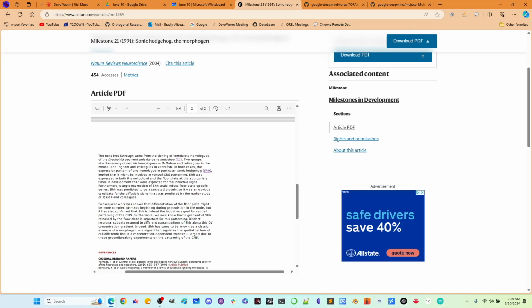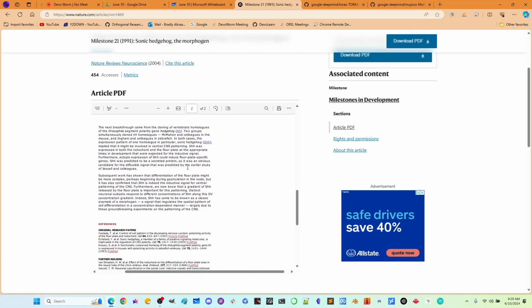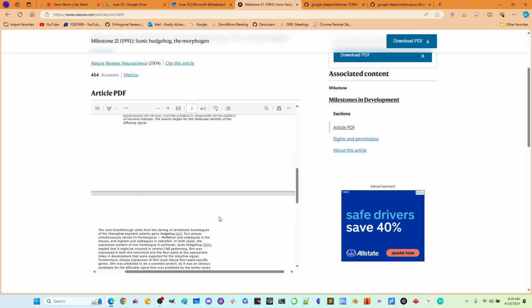So subsequent work has shown the differentiation of the floor plate might be more complex. You have these initial studies, they show these mechanisms, they work out the genes that are involved, but then as time goes on, we discover the complexity of that mechanism, and we have this history of this finding and where it comes from.